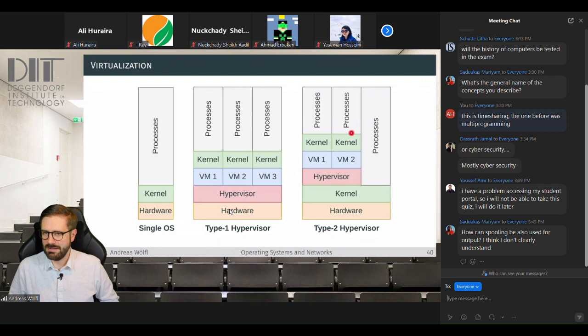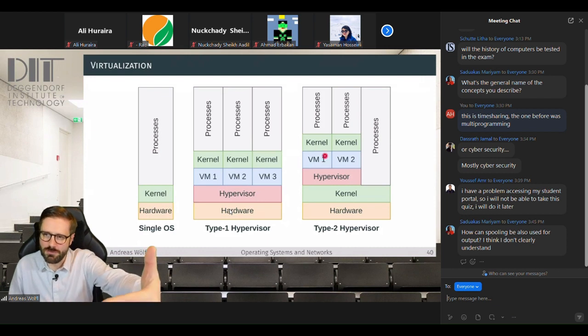If you take a plain look at this, you would wonder, does a type 2 hypervisor really make sense? Isn't a type 1 hypervisor more efficient because it's simpler? Well, the answer is surprisingly no. Because when a hypervisor sits on the kernel of an existing operating system, it is able to directly forward the operating system services requested by processes inside a virtual machine to the operating system outside of the virtual machine.